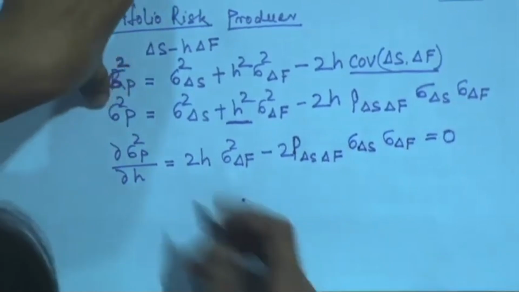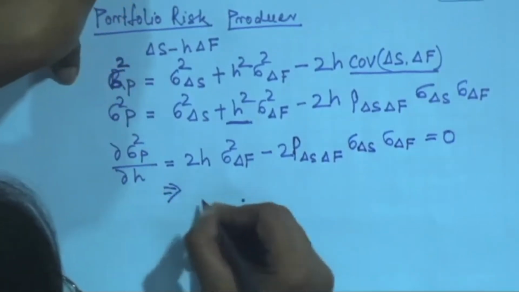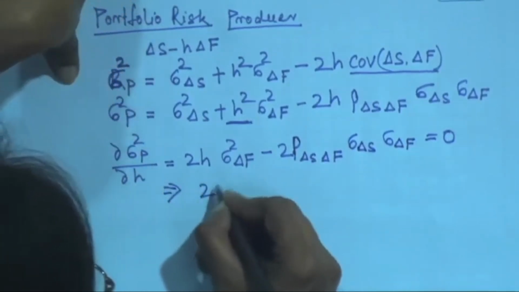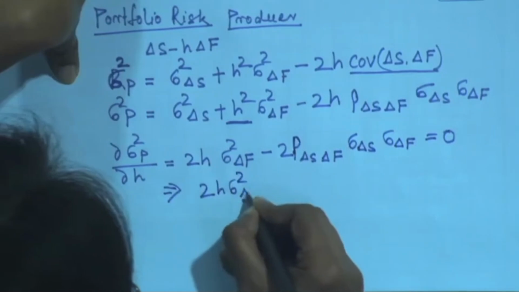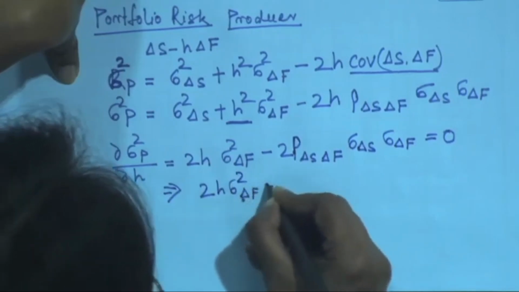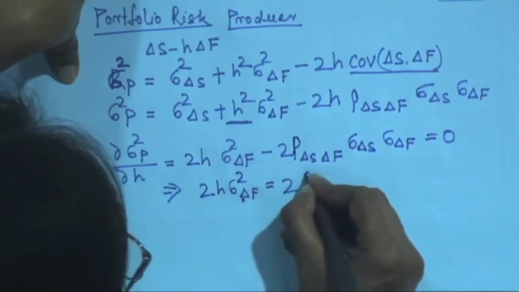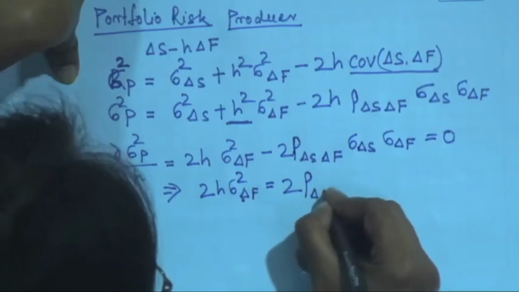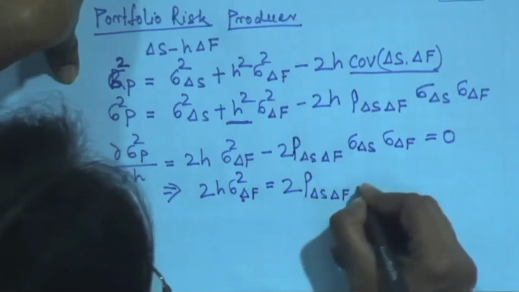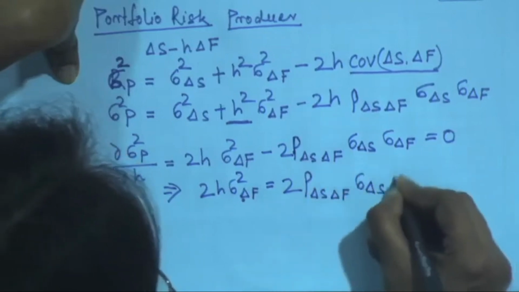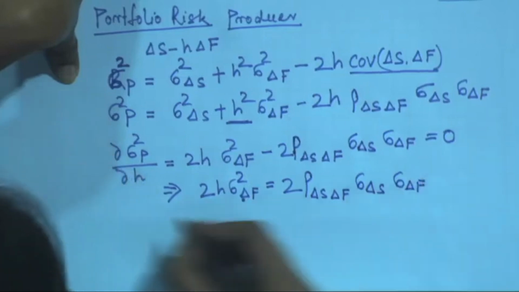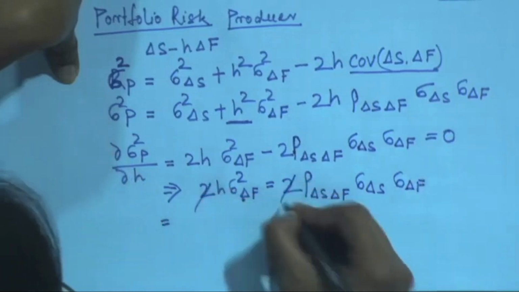So when we equate this to 0, this gives rise to 2H sigma square delta F is equal to 2 correlation between delta S delta F into sigma delta S sigma delta F. So 2 cancels out.